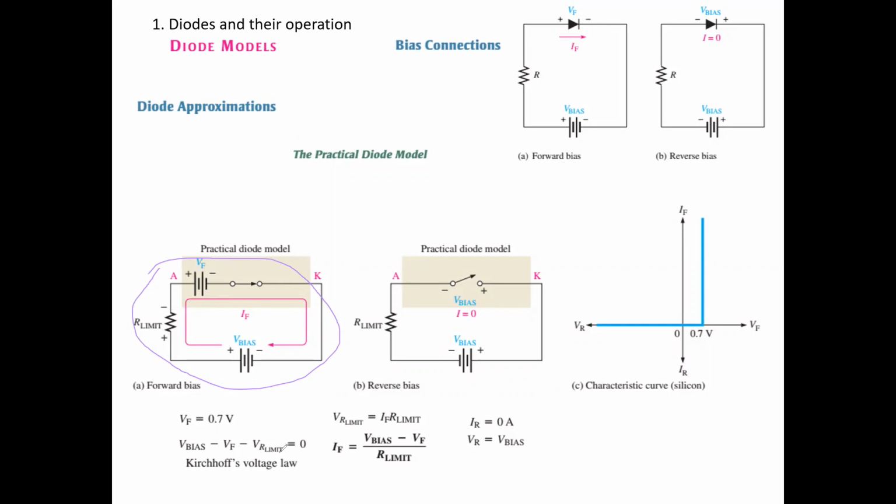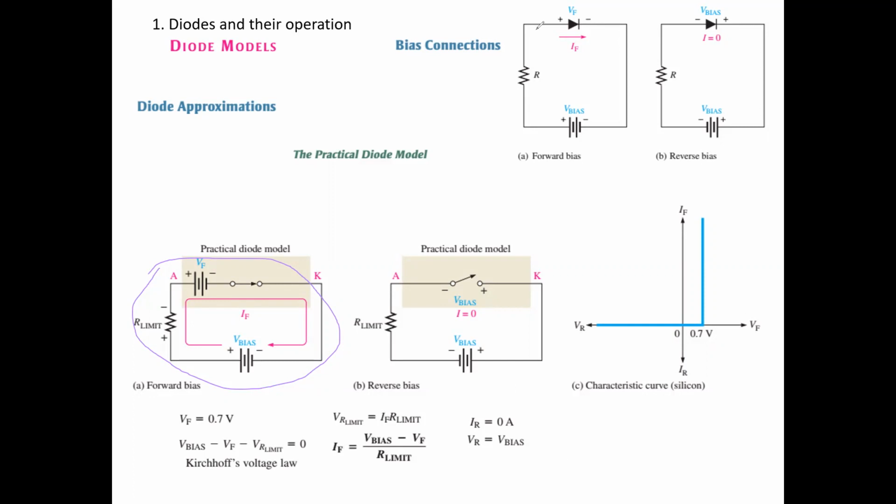Then that should be equal to 0. Now the voltage drop VR limit across this resistor we can say is I forward current multiplied by R limit. So when we substitute and simplify, we can say this forward bias current is equal to V bias, that means the supply voltage, minus V forward voltage, for a silicon diode that is 0.7, divided by this limiting resistor, that is the slope.